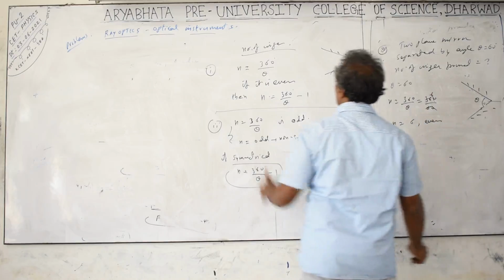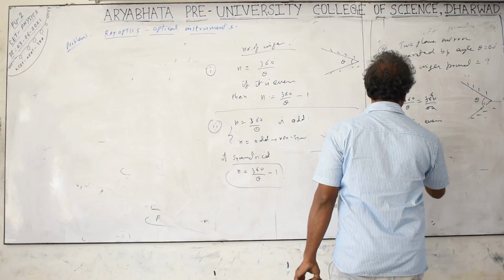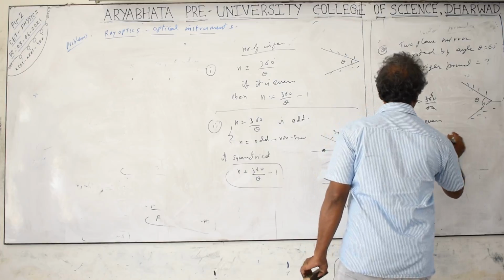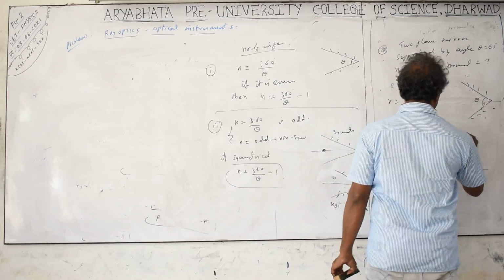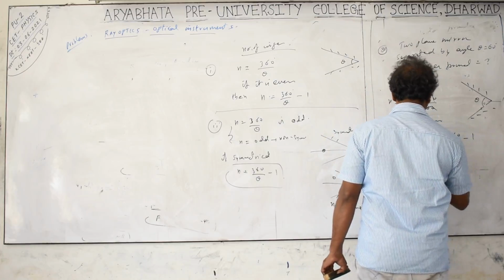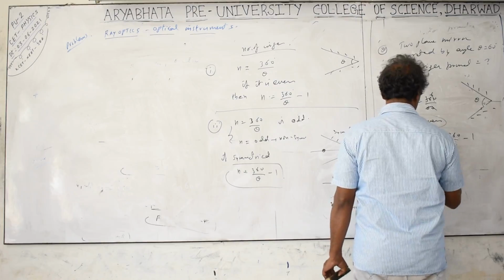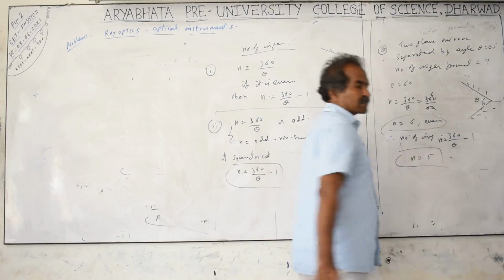If you get even, you have to subtract 1. Therefore, number of images equals 360 by theta minus 1, so n equals 5. If you get even, just subtract 1. So the number of images equals 5.